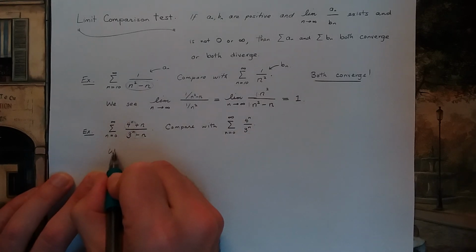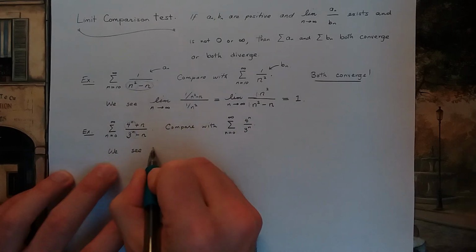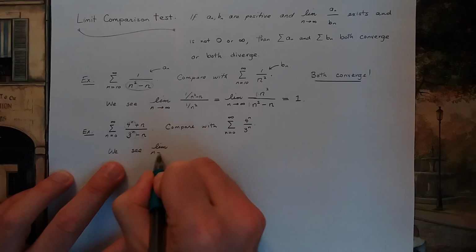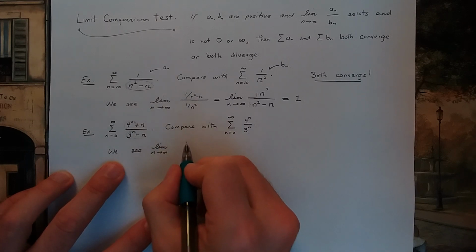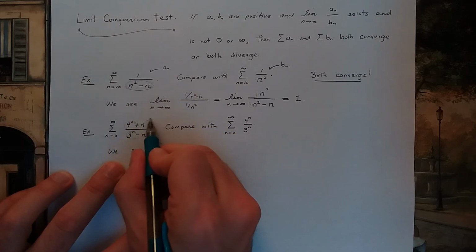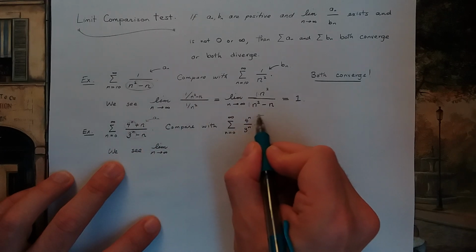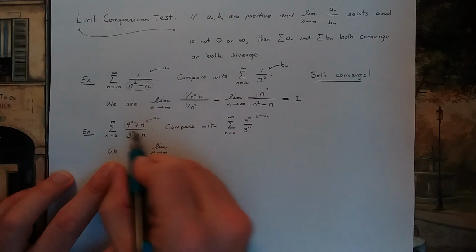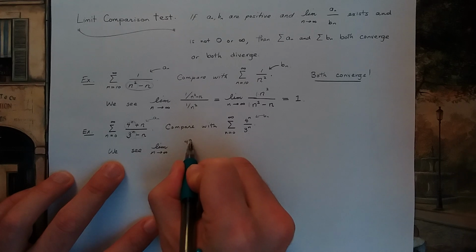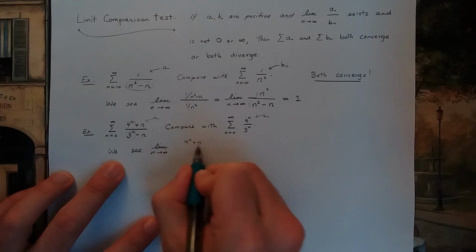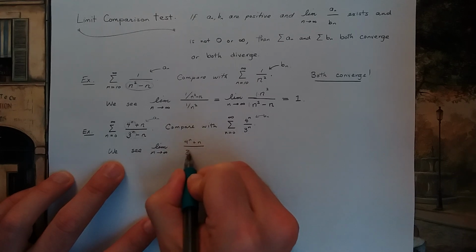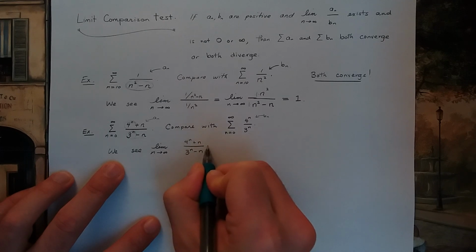So we see the limit as n goes to infinity. This would be my a_n here, and this would be my b_n. So I'm going to take this 4^n plus n over 3 to the n minus n, and I'm going to divide by this term.